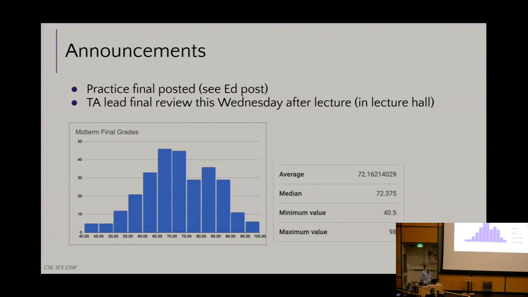Though I respect that in Gradescope, they might not perfectly represent it due to late penalties and whatever, all that fun stuff. Any other course administrative questions? Cool. Okay, great. Then let's move on, shall we?